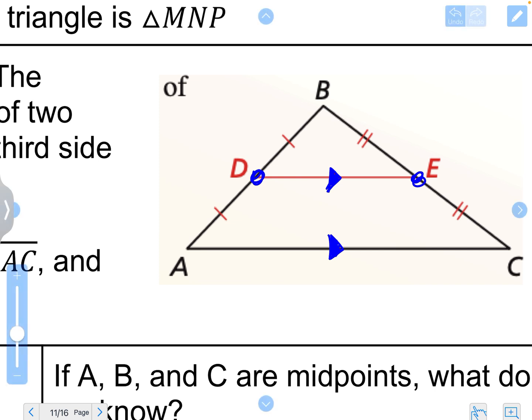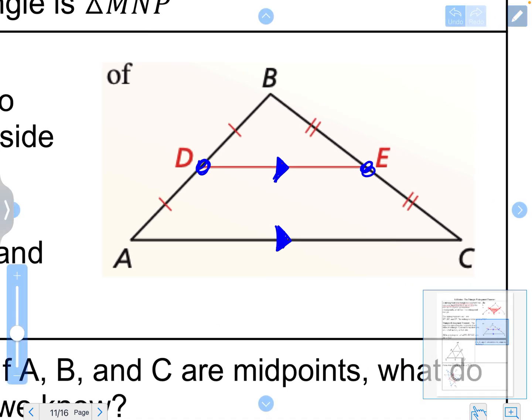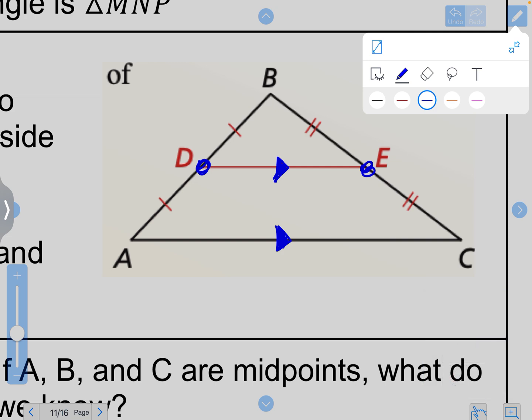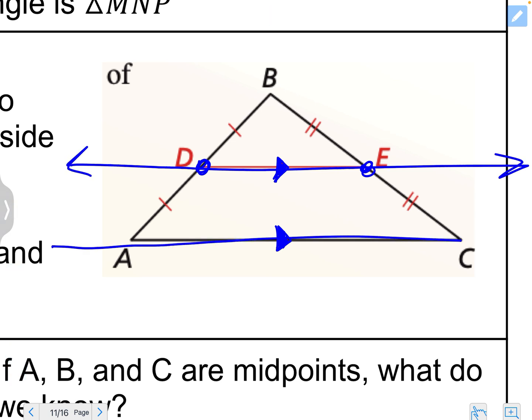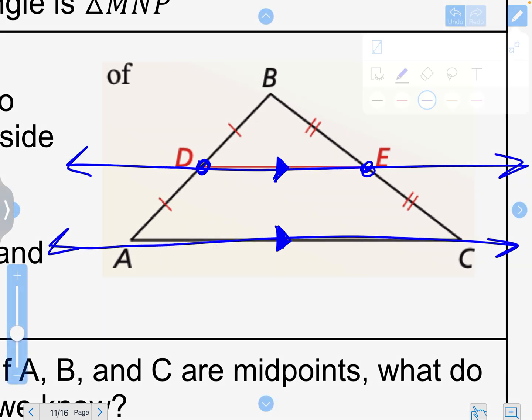And if they are parallel, there's some key things that we need to remember from, I believe it was Unit 3. So if line DE is parallel to line AC, then we have our transversal, which cuts across two parallel lines. And if we have a transversal that cuts across two parallel lines, our corresponding angles are congruent.